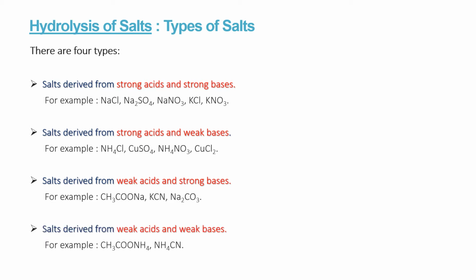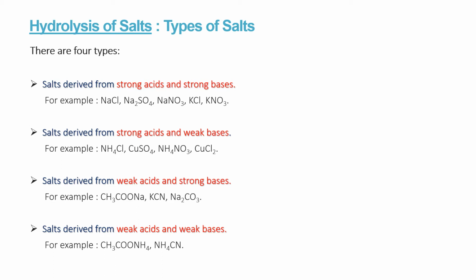Now last type of salt is nothing but which is derived from weak acid and weak base. So example is what? Weak acid means what? That is your acetic acid, then your HCN, those are your weak acids. And weak bases are what? NH4OH, then Cu(OH)2. So see the example, that is CH3COONH4.